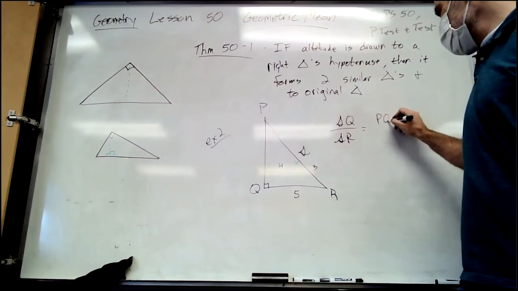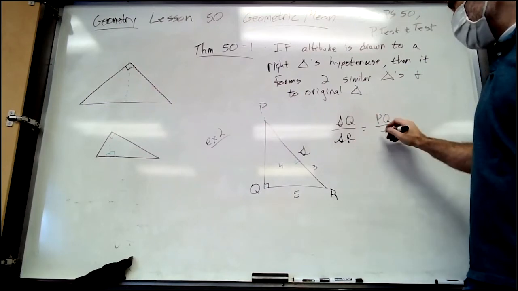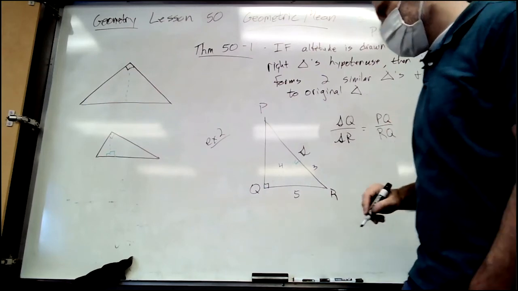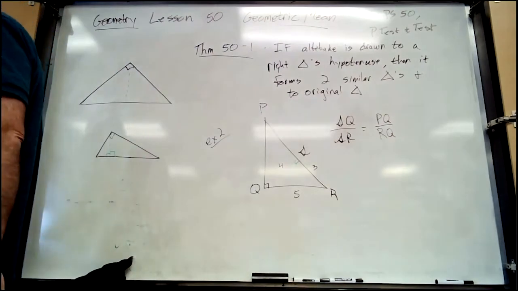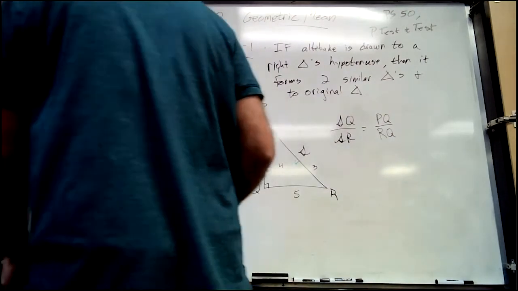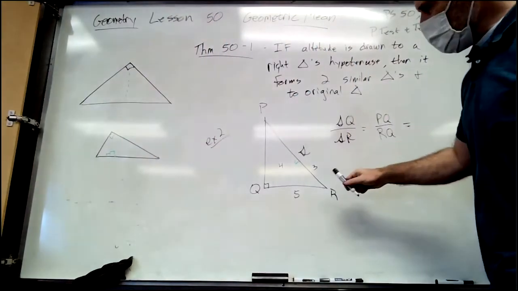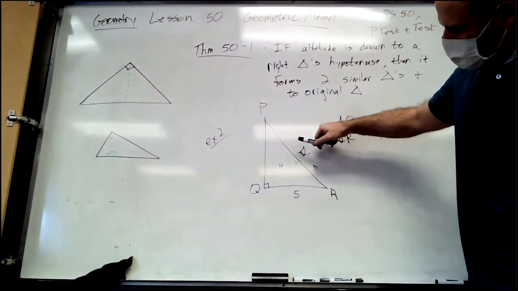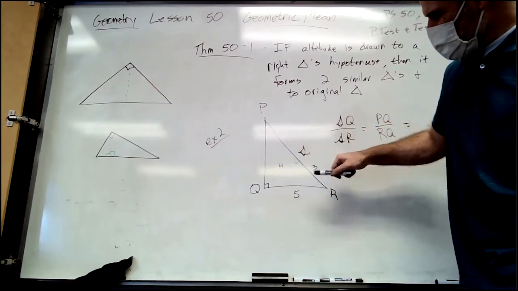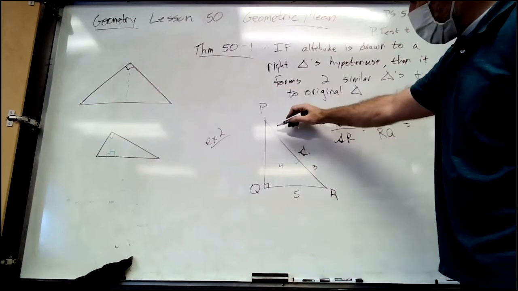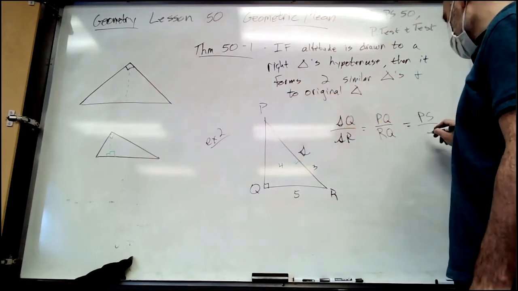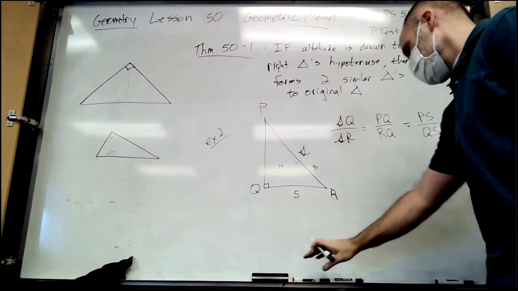So PQ is to QR, which is PS to QS. And then if you look at this triangle, the medium side is PS. The short side is QS.